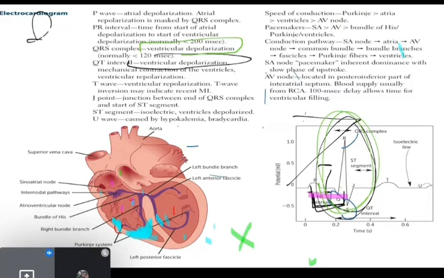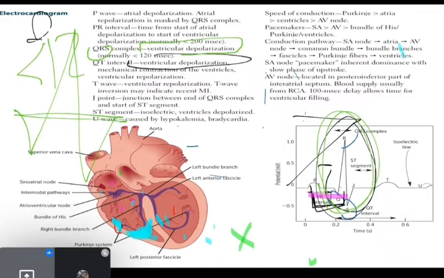This whole QRS should take less than 120 milliseconds, okay?